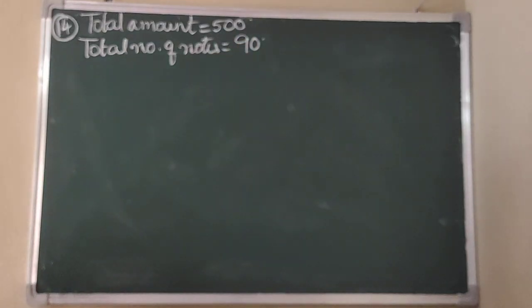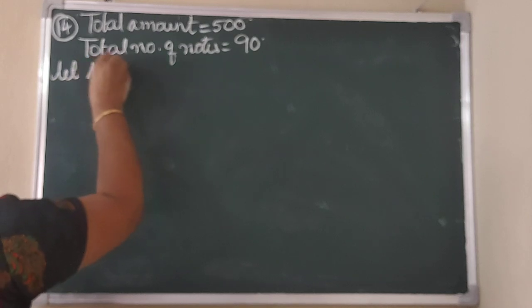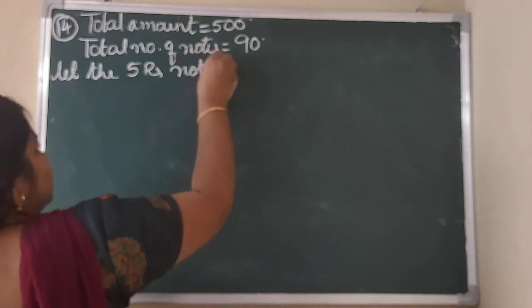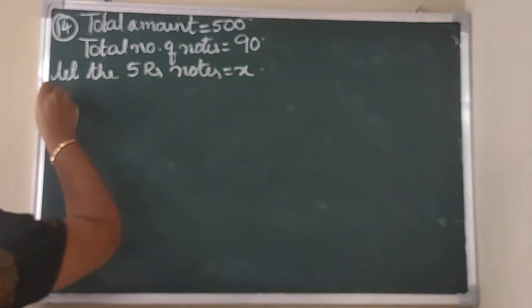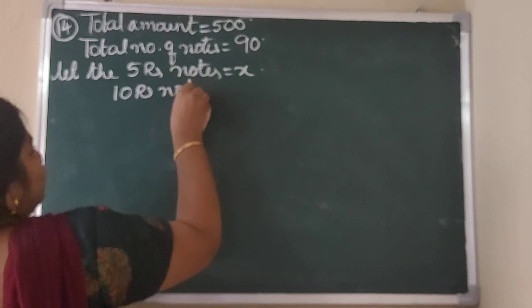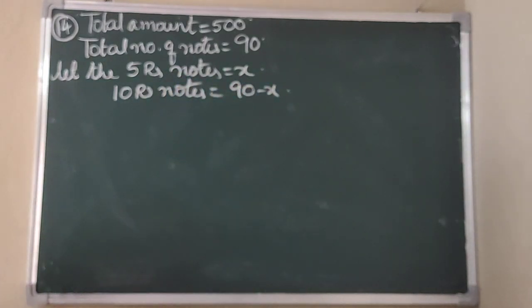Okay, so now we have to find how many 5 rupee notes and how many 10 rupee notes are there. So let the 5 rupee notes be x and 10 rupee notes, I am taking in the form of 90 minus x.